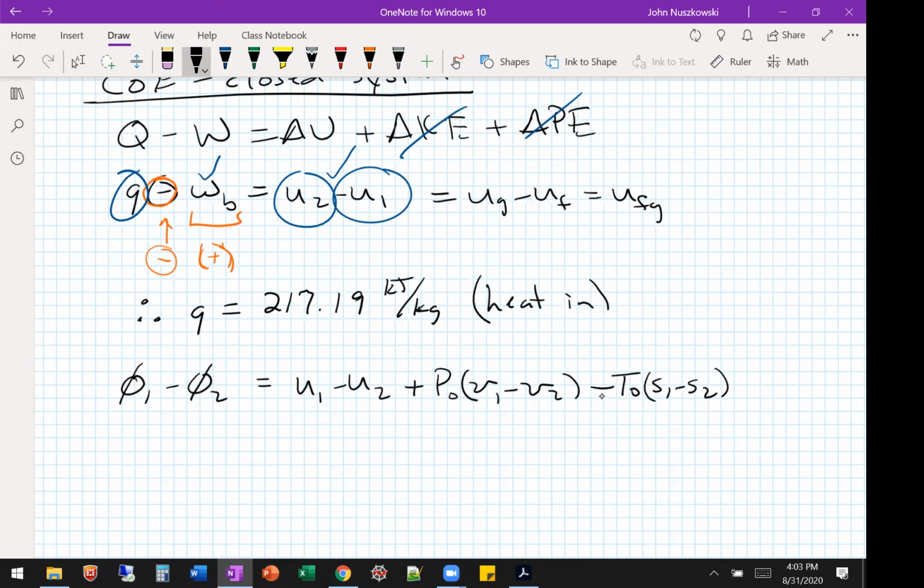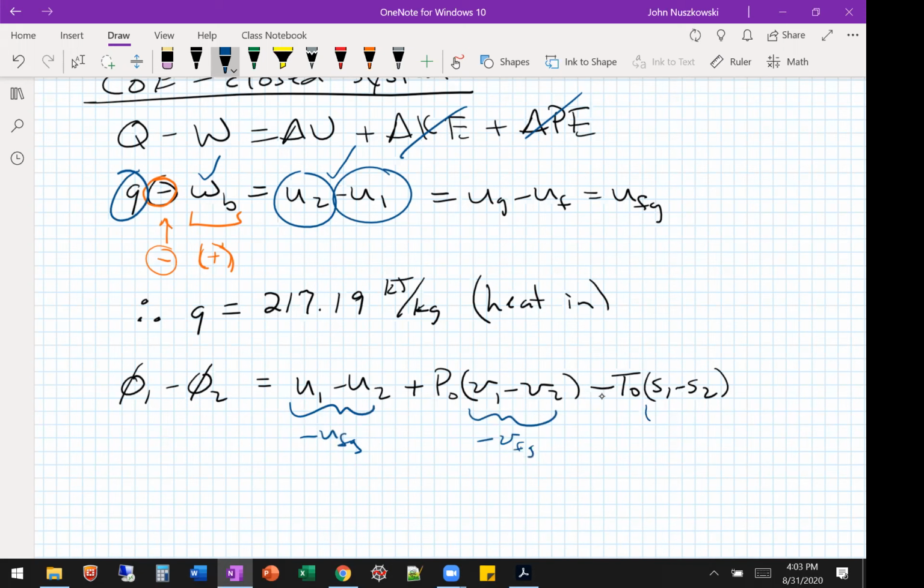Okay, and I don't have this solved individually, but we already have U1 minus U2, which is negative UFG. We have V1 minus V2, which is negative VFG.